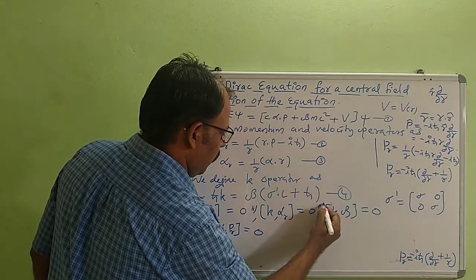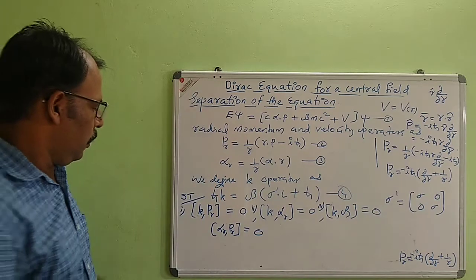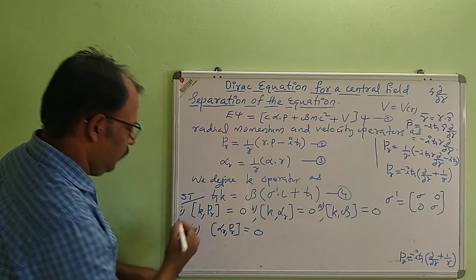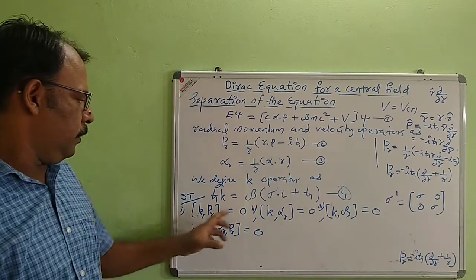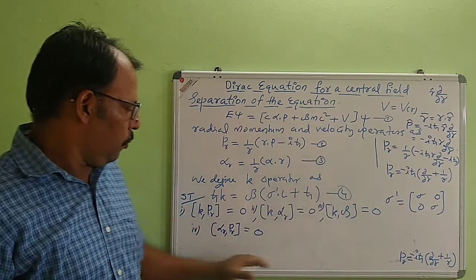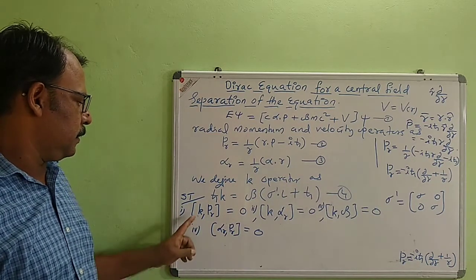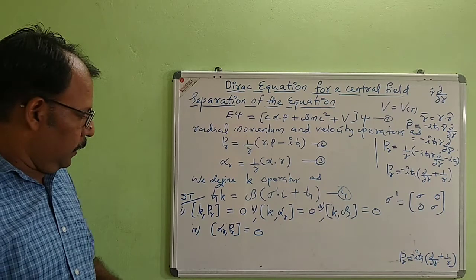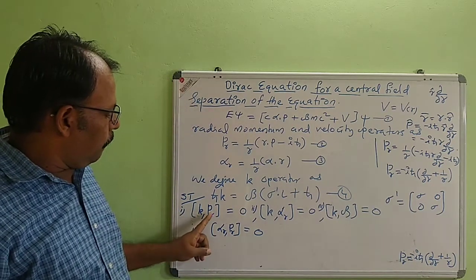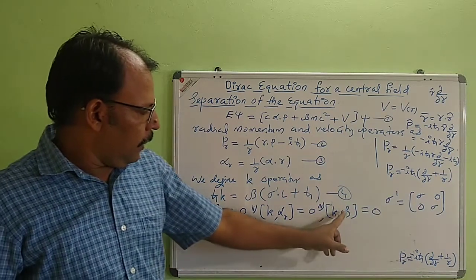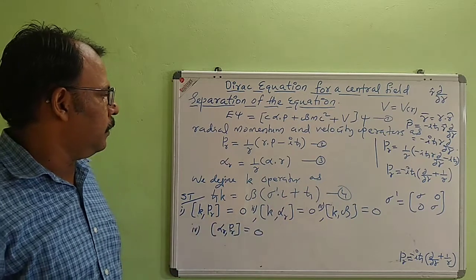The third is commutator K beta equal to 0. And the fourth is commutator alpha_r P_r. So we can show all these commutation relations. From these it is clear that the newly defined operator K commutes with P_r, alpha_r and beta.